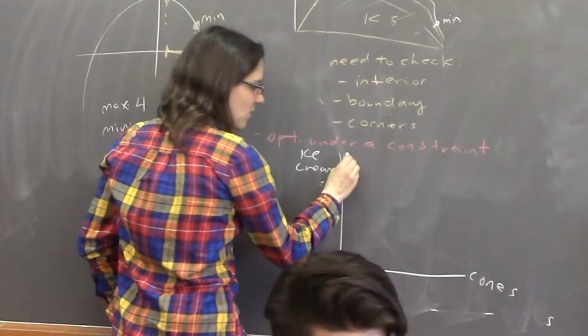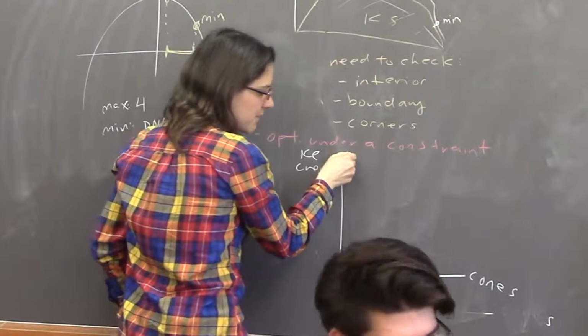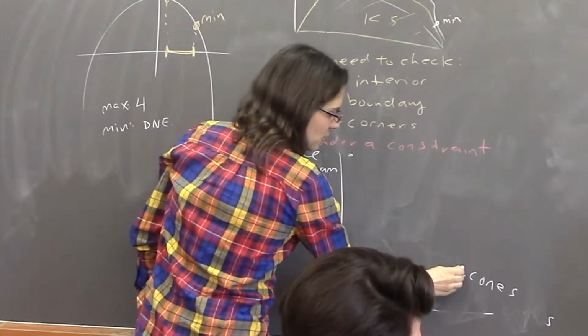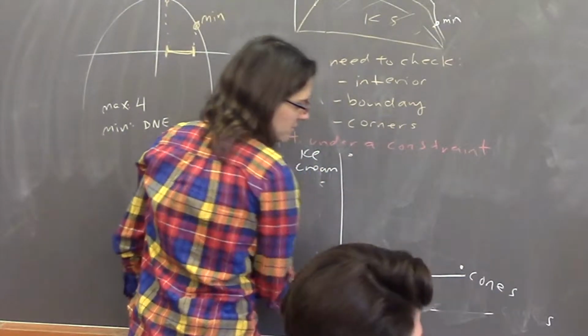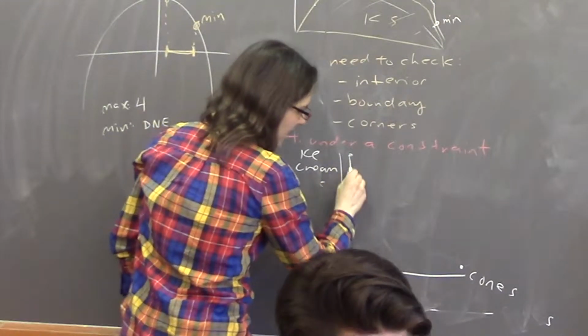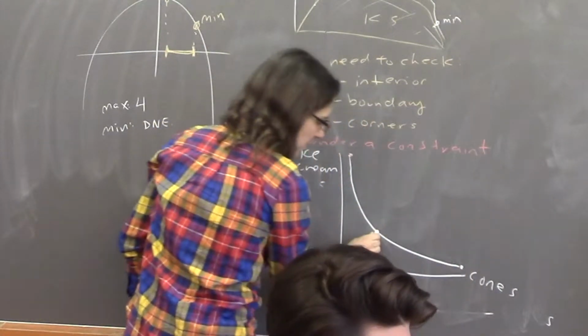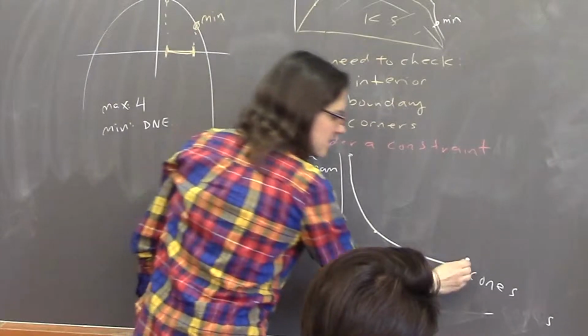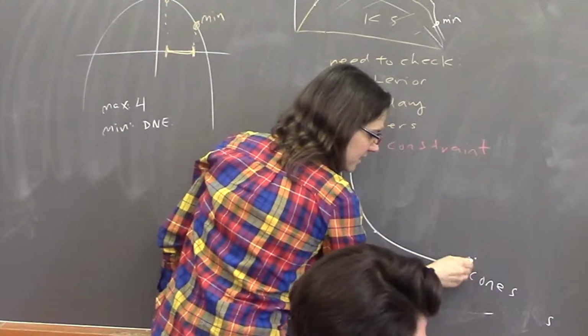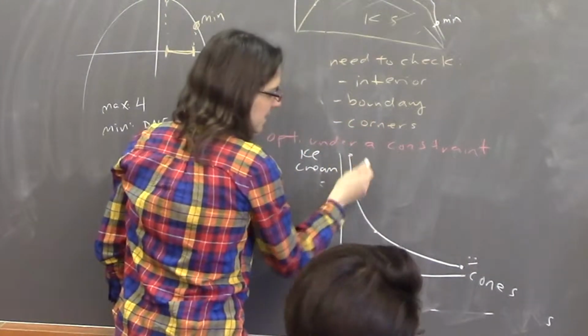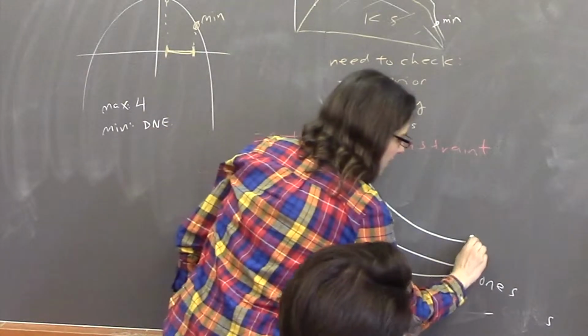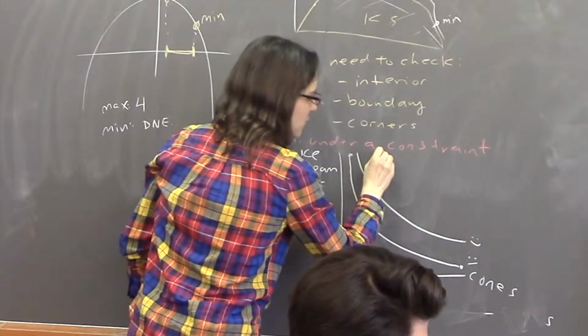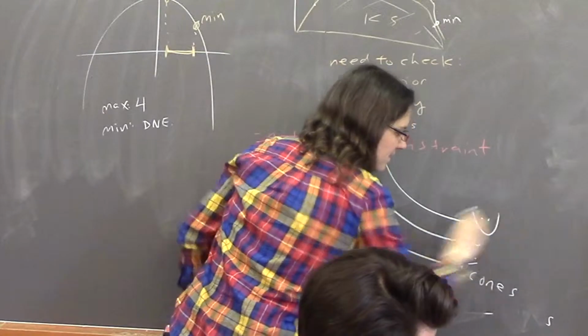If you had a lot of ice cream but no cones, you'd be a certain amount of happy, not that happy. If you had a lot of cones and no ice cream, you'd be not that happy. And if you had a middling amount of both, that would make you just as happy. So this is a curve along which you're kind of happy. But then if you have more of everything, you're a bit more happy. And if you have a lot of everything, you're the most happy.